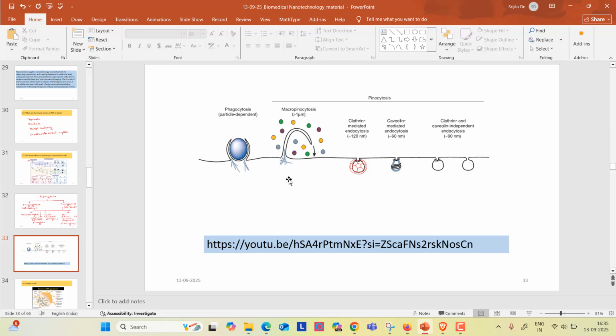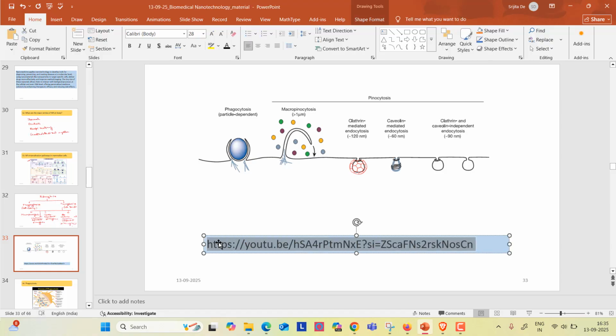One cell will be taking up from one side. Then for clathrin mediated endocytosis, there is 120 nanometer particle size. For caveolin, again smaller, this is the 60 nanometer particle size, and clathrin caveolin independent endocytosis is for 90 nanometer particles and cellular matrix. Okay, we will see on video.